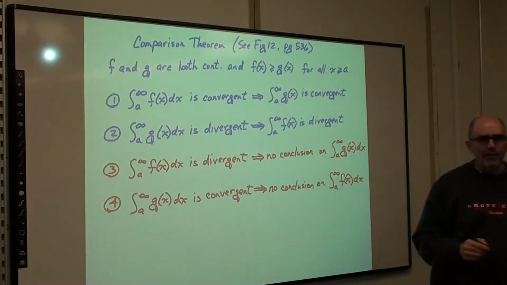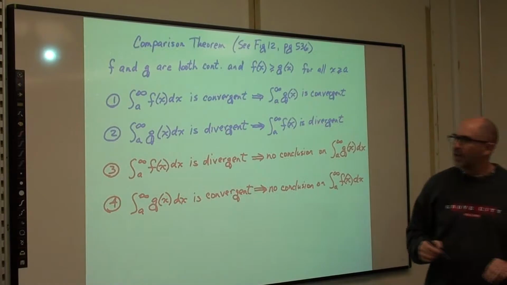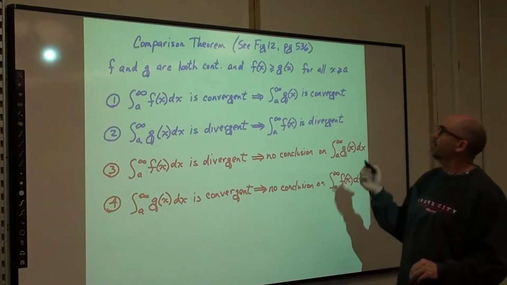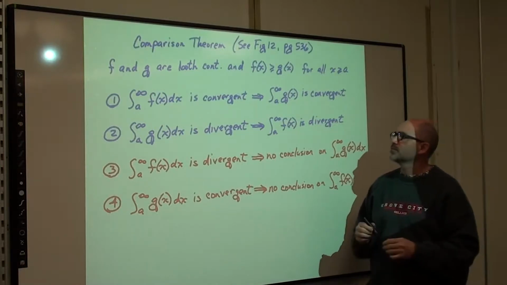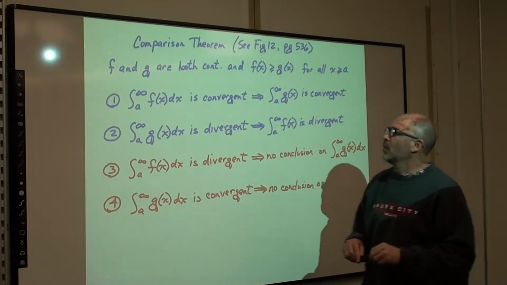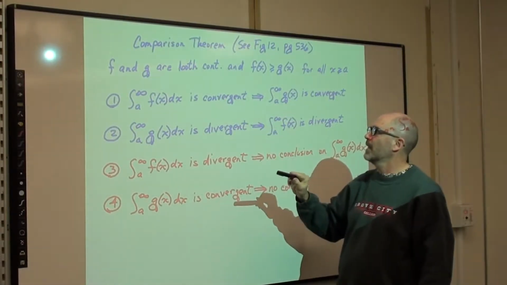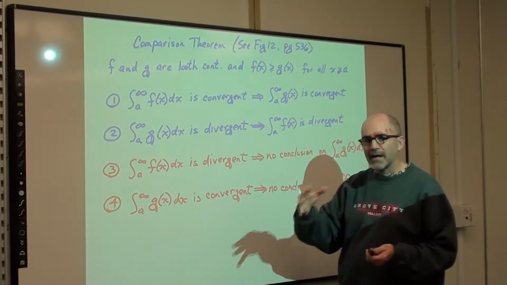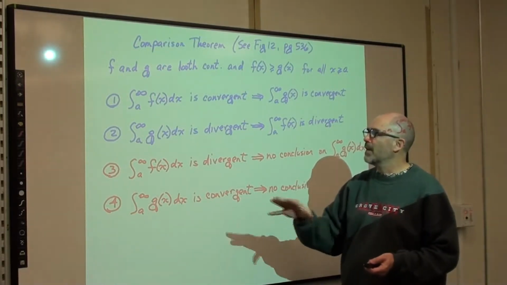Now, the third general principle here in this lesson is the comparison theorem. So everybody get to page 536 and check out figure 12. All right, we have a situation where we have two functions, f and g. Now we may know something about f or g, but we don't know everything about both.